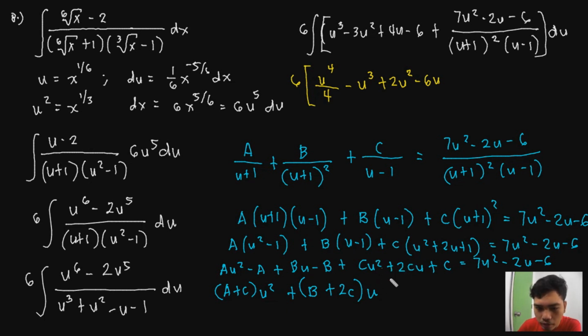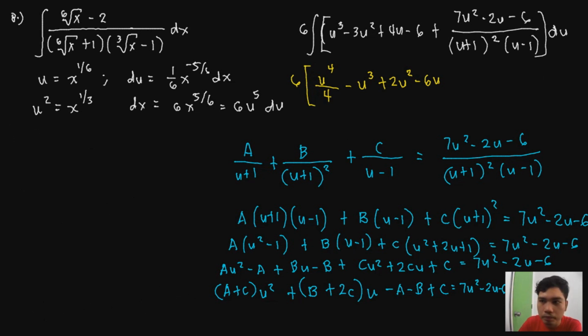So yung constants lang naman natin would be minus a minus b. And then I think we have plus c. Okay, plus c. So this is equal to 7u squared minus 2u minus 6. Okay. And then how about yung ating mga expressions now? So we can just be removing this na kasi meron naman tayo nito.